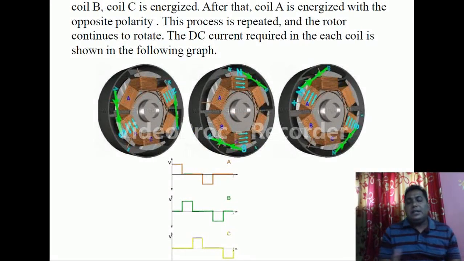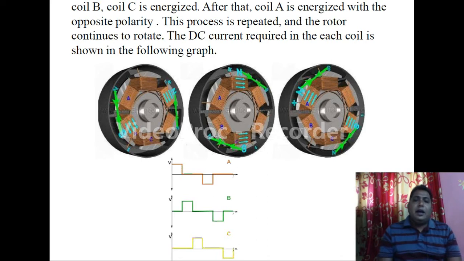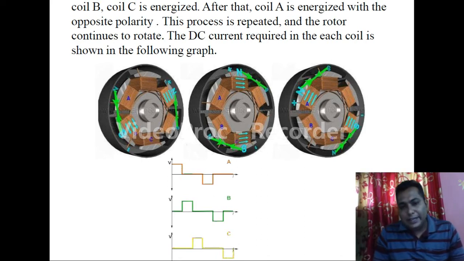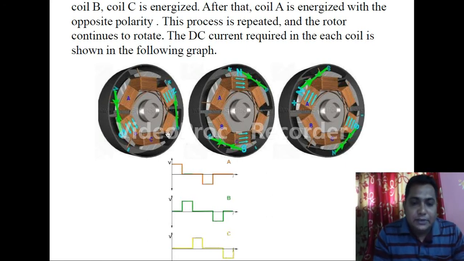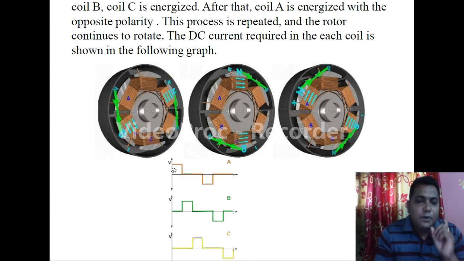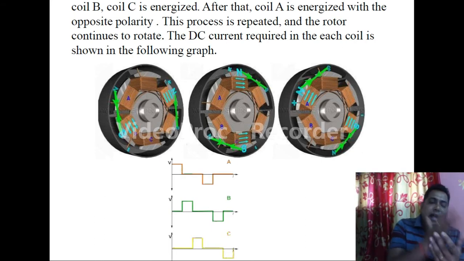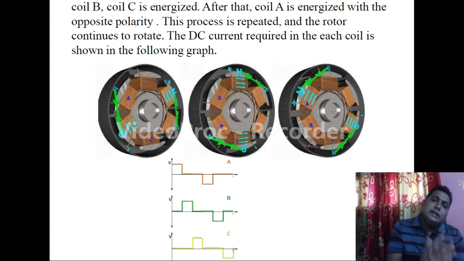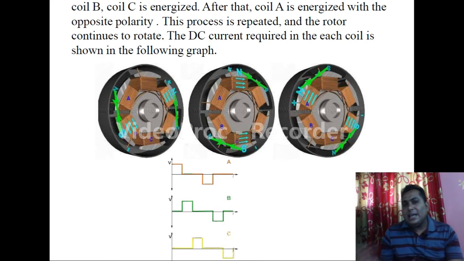Now this particular diagram is very important. Here the three phase waveforms are represented, and very interestingly you can see, first, we know there are three coils. The three coils are energized by some electronic devices sequentially.